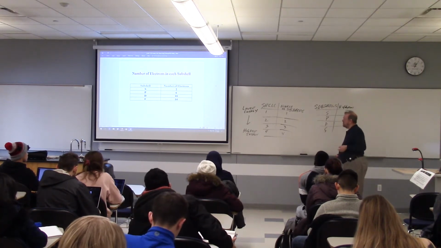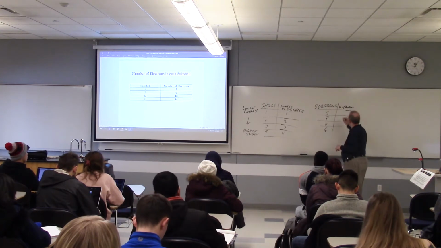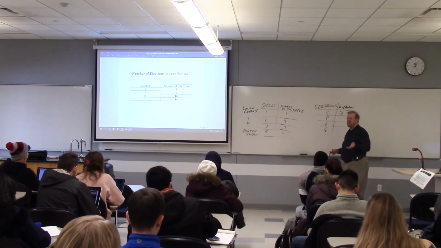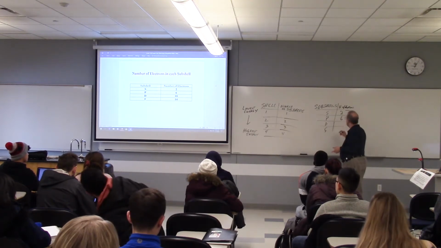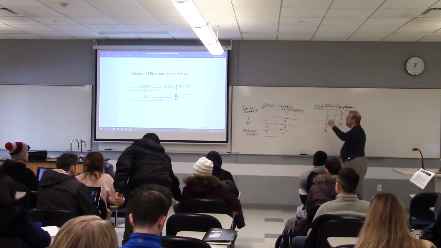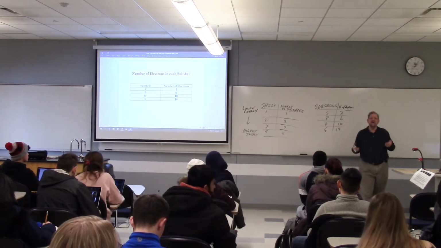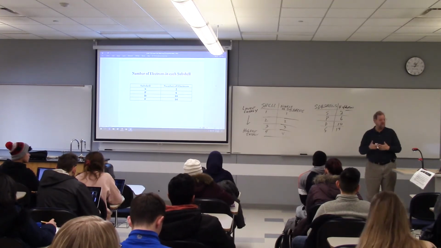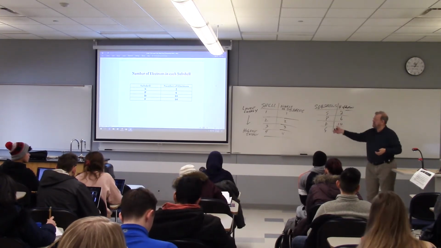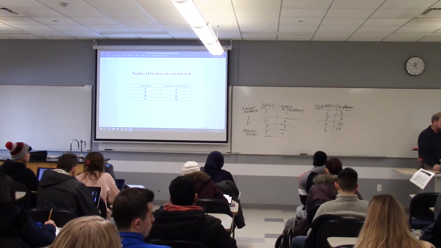Subshell S, the maximum amount of electrons you can put in there is 2. And then P has 6, D 10, and if you notice, F 14. And this was all determined by experiments that chemists did in the lab, determining these values. Same thing with the energy levels and the different shells. These are all done by experiments.